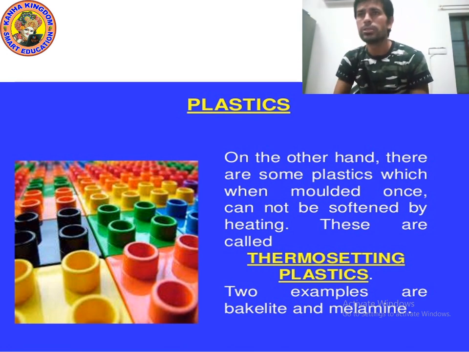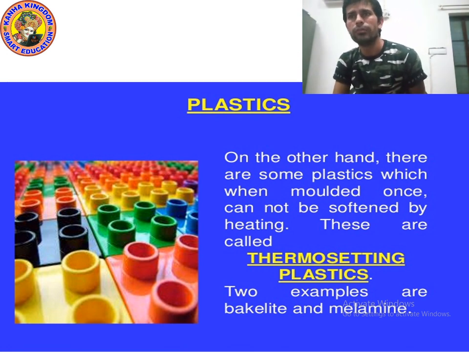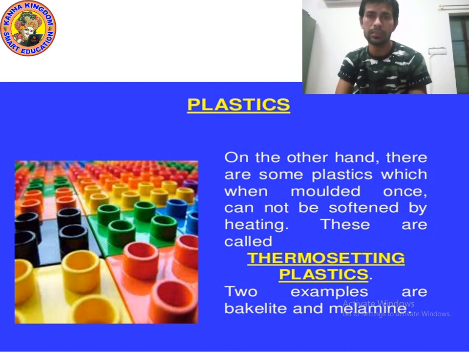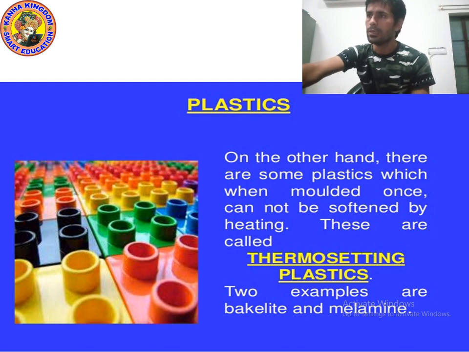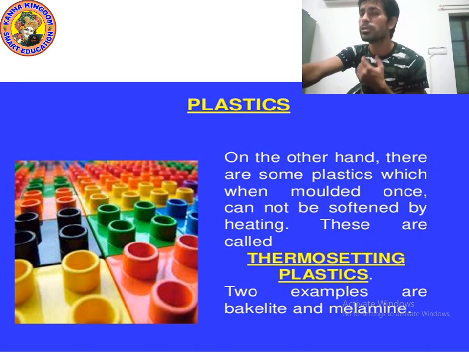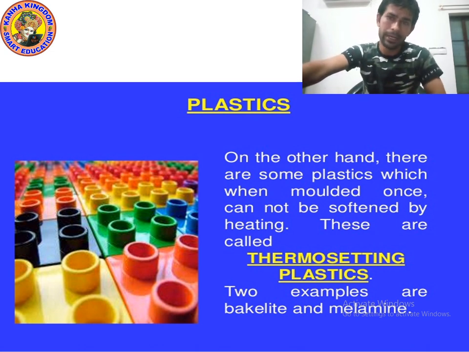Such plastics which, when molded once, cannot be softened by heating are known as thermosetting plastic. So which are the thermosetting plastics? Bakelite and melamine. Yes, these are the examples of thermosetting plastic.